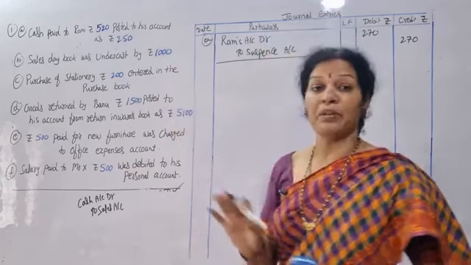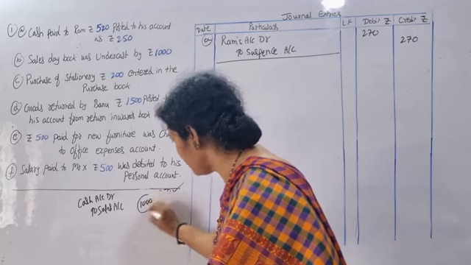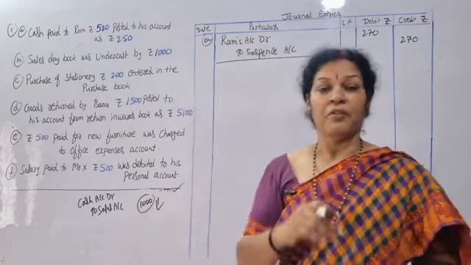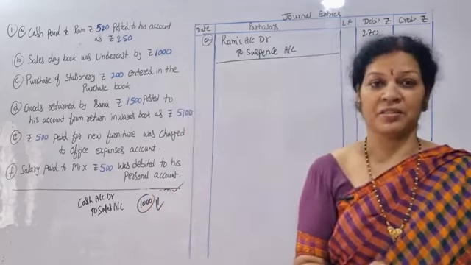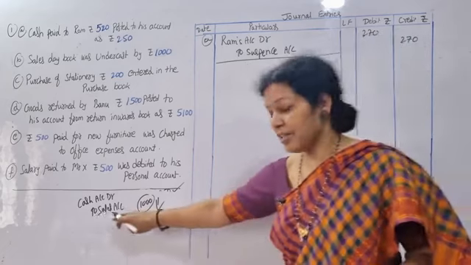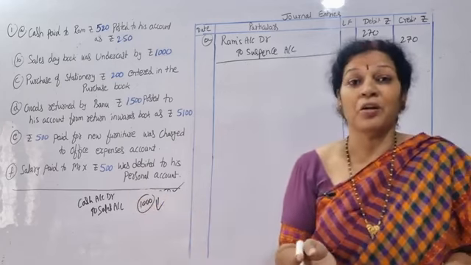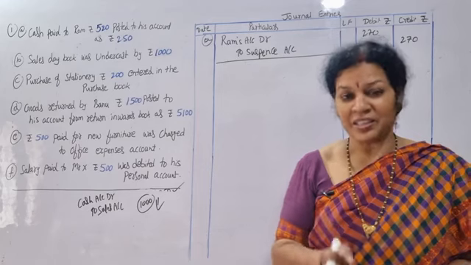Undercast by 1000. Whenever it is undercast, we have to post it as it is. Means sales account is credited with 1000 only, because it is undercast. It's not taken. We'll write it as it is.